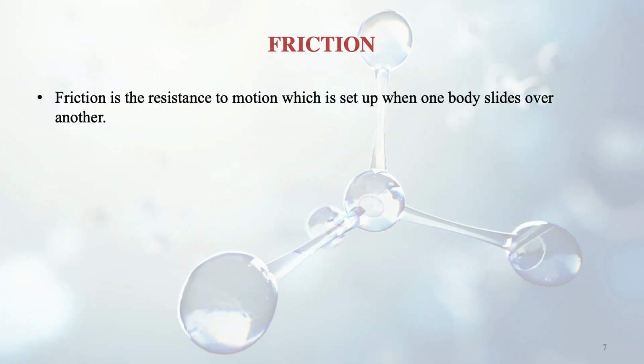You must have heard, it's a very common term in our daily lives, and it is the resistance to motion which is set up when one body slides over another. Suppose my hands, left and right, are rubbing together; they can be considered as surfaces in contact with each other, and there will be friction between the two.